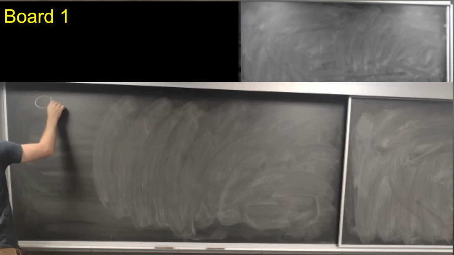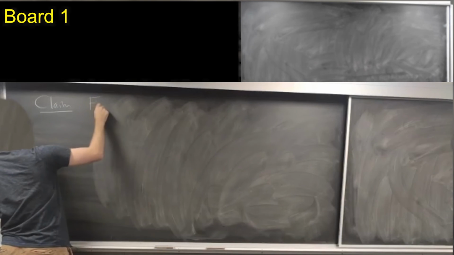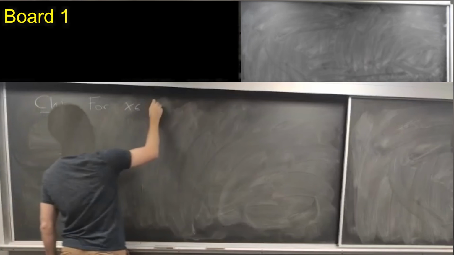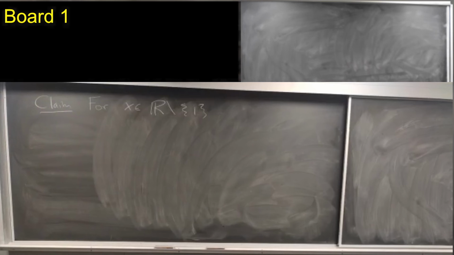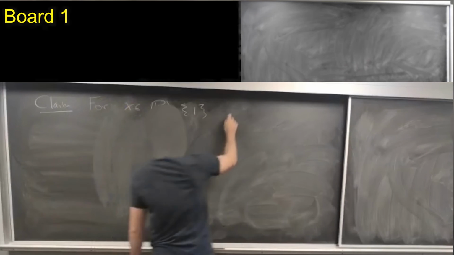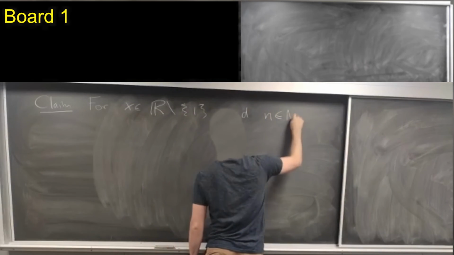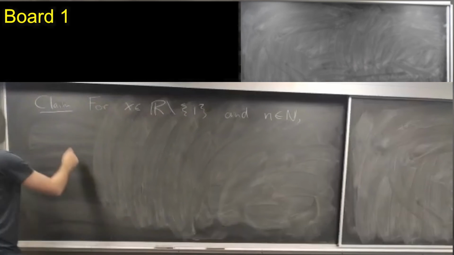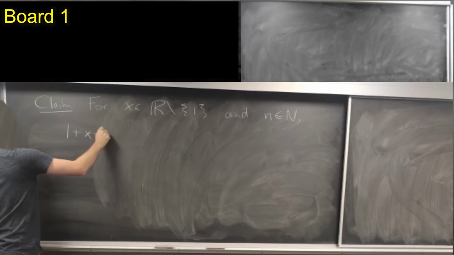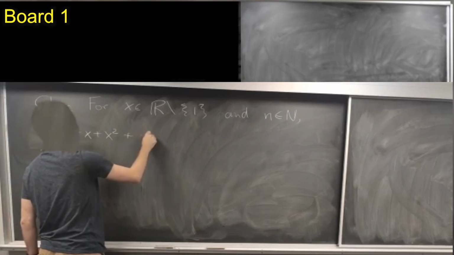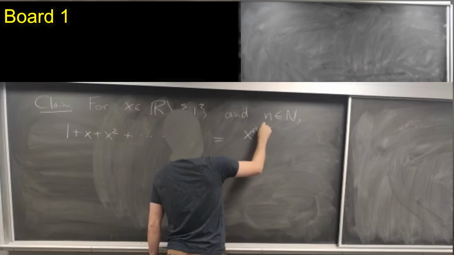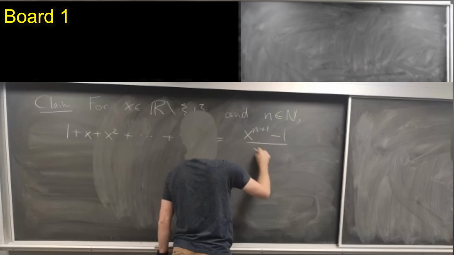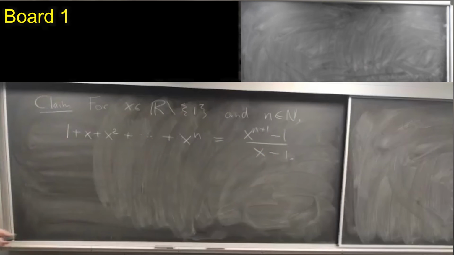So claim: for x a real number other than 1, and any natural number n, the sum 1 plus x plus x squared plus dot dot dot up to x to the n is equal to x to the n plus 1 minus 1 over x minus 1.